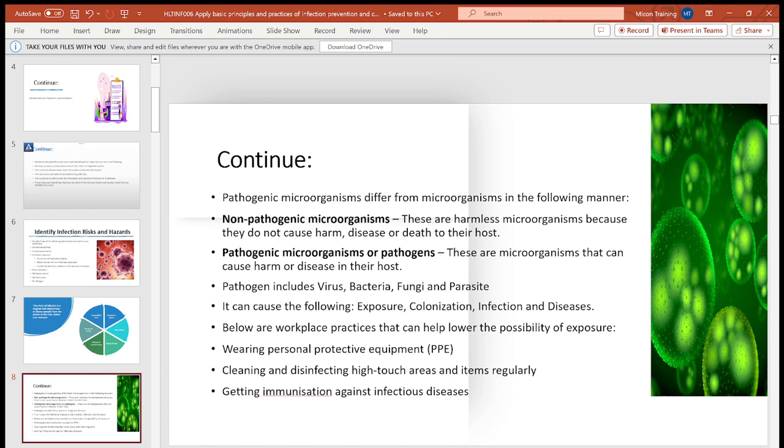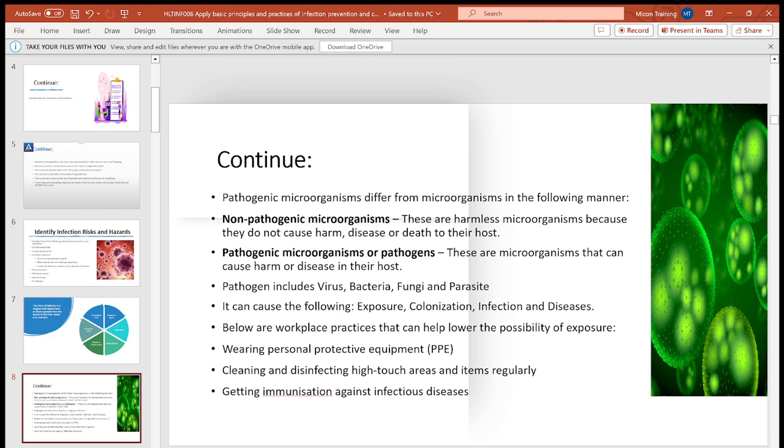Pathogenic microorganisms are some other infections that can make us feel bad. This differs from one microorganism to another. We have non-pathogenic microorganisms. These are harmless microorganisms because they do not cause harm, diseases, or deaths to their host.